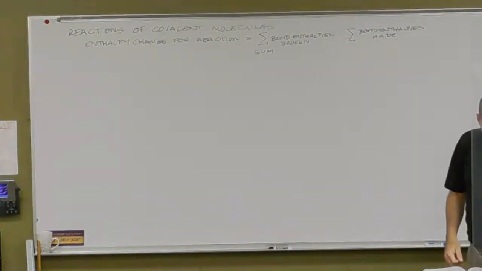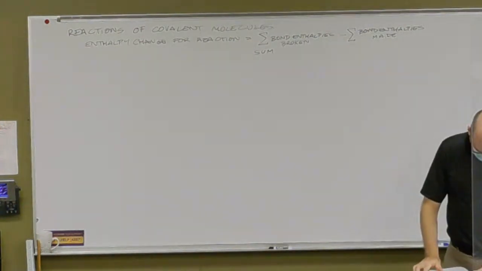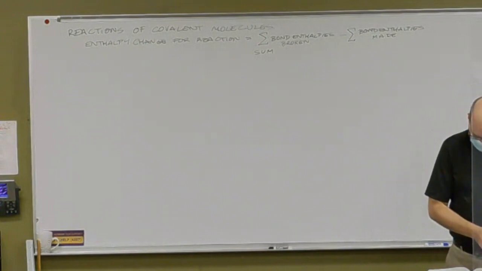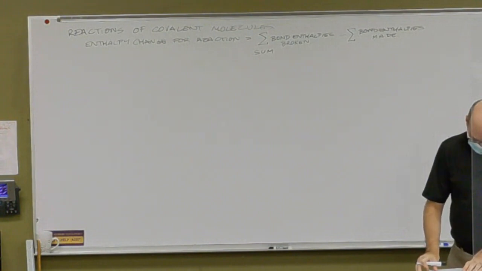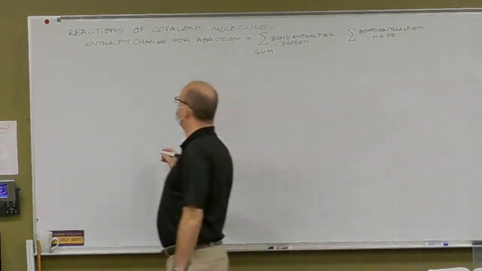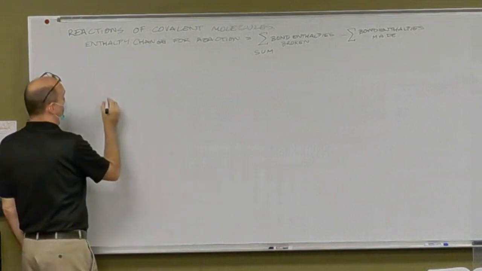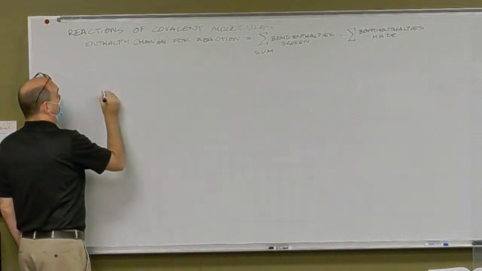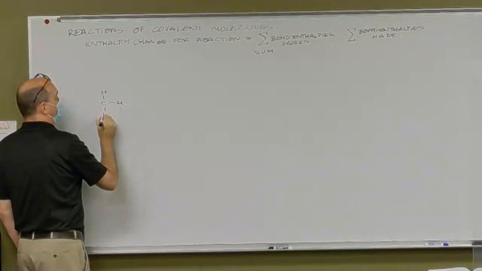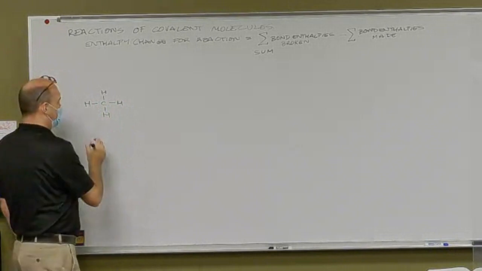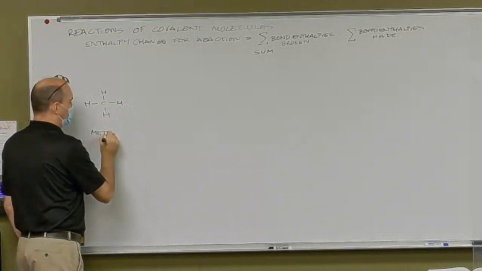Okay. Let's give you an example. And I'm just going to use the one in the book because it doesn't have lots of atoms in it. Plus, I did this exact same reaction in my organic chemistry class on Monday. This is methane. It is a hydrocarbon.